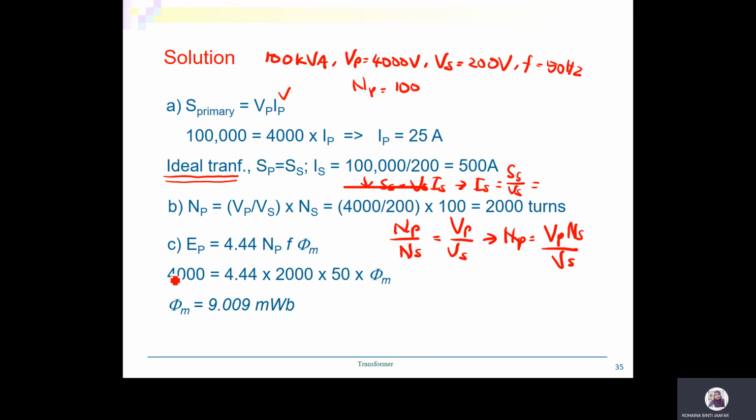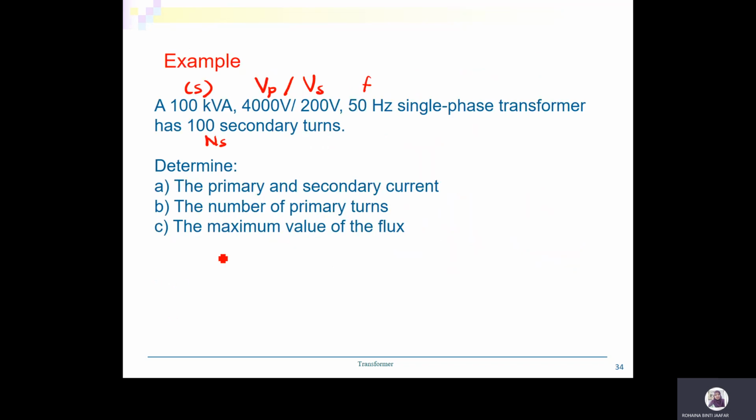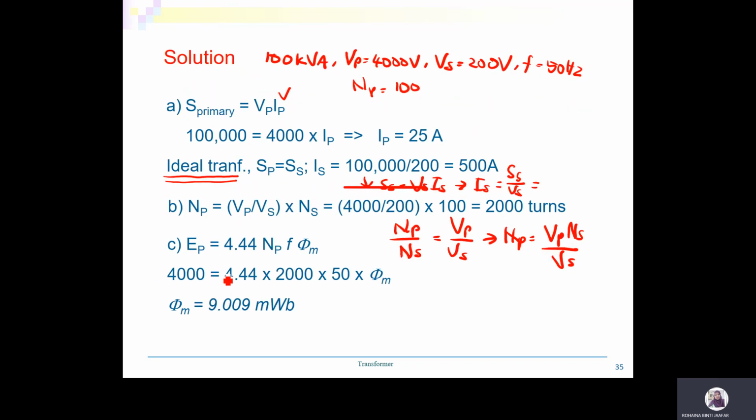Okay, and then to get the maximum value of flux, this formula is from part A. So you just substitute into the formula to get the maximum flux. So Np is 2000, and E is actually a voltage, the energy generated, so this one is equal to Vp.